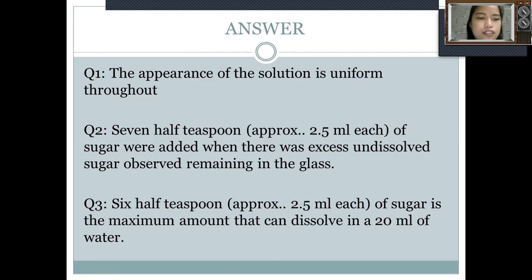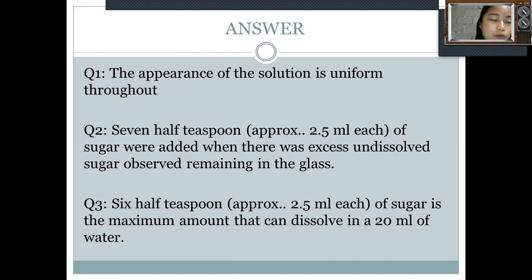So the result may be different, but for me, I have 7 half teaspoons, approximately 2.5 ml each. So 7 half teaspoons of sugar were added when there was excess undissolved sugar observed remaining in the glass. That was the result that I got.